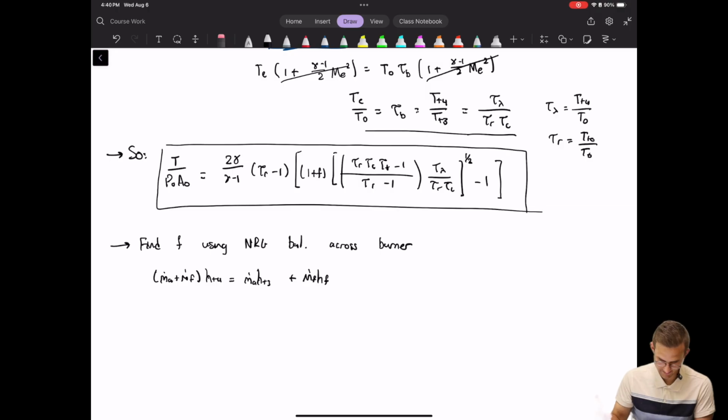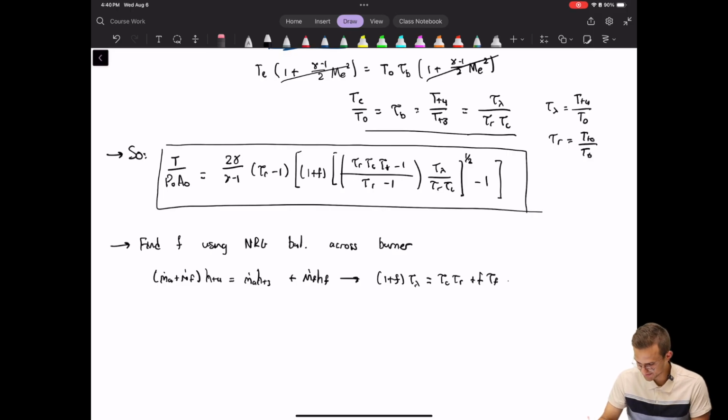Okay, and that allows us to obtain 1 plus f. So if we normalize by m dot A on both sides, you get 1 plus f times tau lambda equal to tau C tau R. So we've done more than just normalize by m dot A, but by a bunch of temperature values as well. And that gives us f equal to tau lambda minus tau R tau C over tau f minus tau lambda.